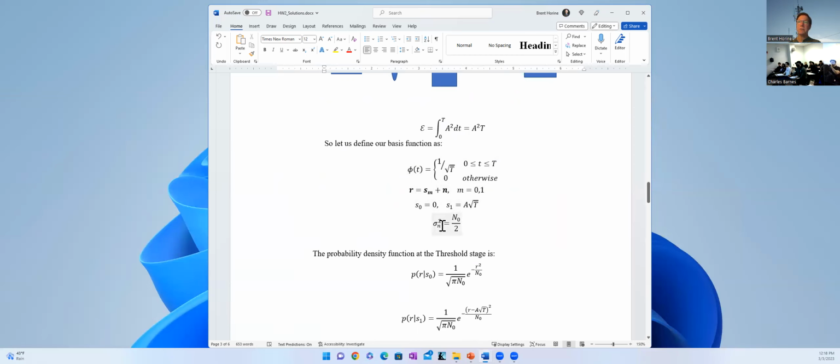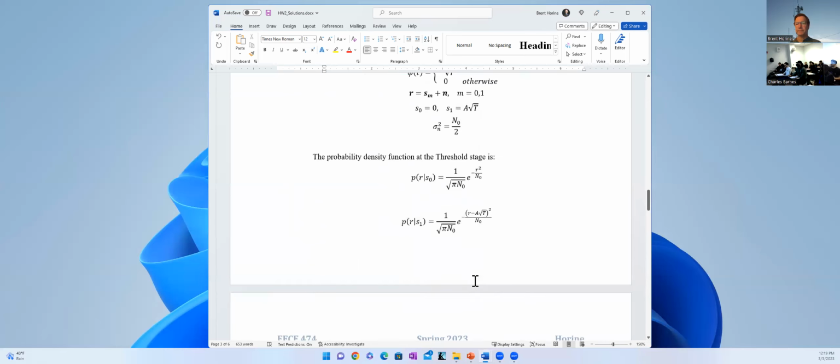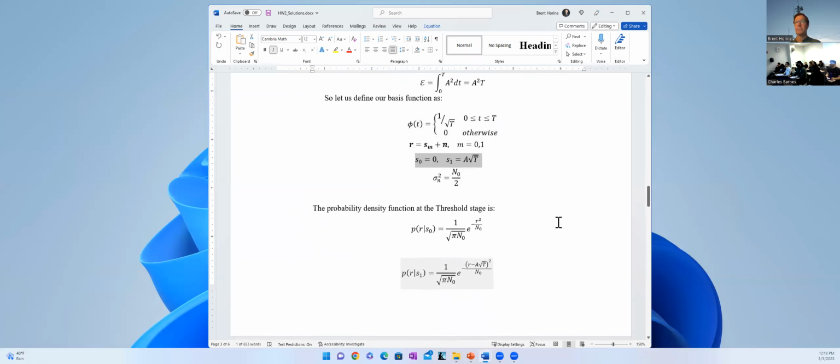Our noise, we always use this notation N naught over 2. Now here's the key part. Even if we're not going into lots of detail on how you arrived at this, the key is, what do you do with this information?